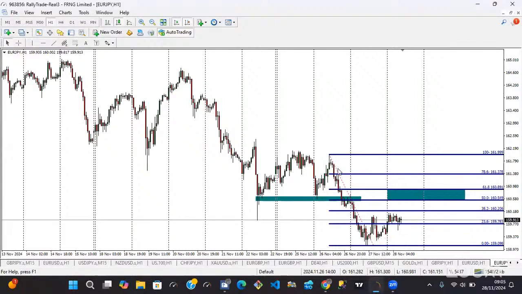I'm expecting at least a 50% or a little more retracement for me to continue selling. That's why I pick in between my 50 and 61.8. If you have it too close, it might just hit your stop loss. So this is now my point of interest. I'm expecting price to push into this level, then we continue to sell.